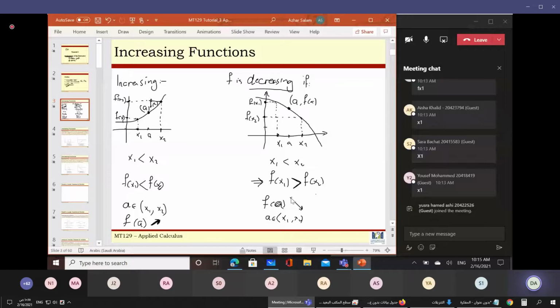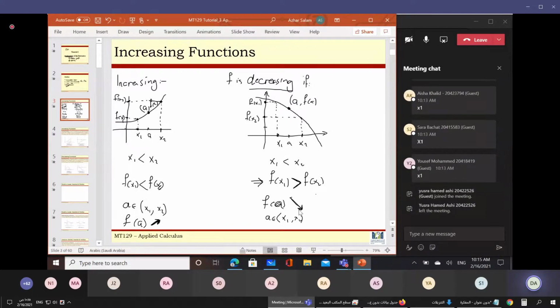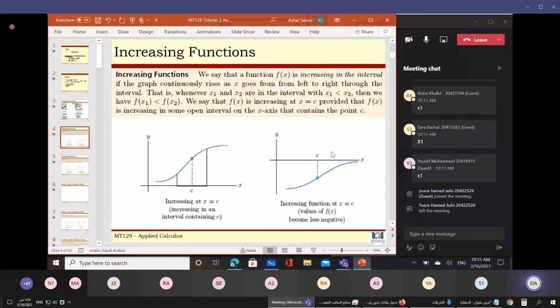Okay. The function is decreasing at the element A, which lies between the two numbers x1 and x2. Okay, this is the definition. We didn't miss any information.